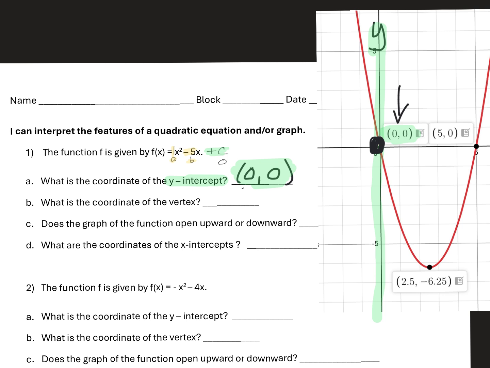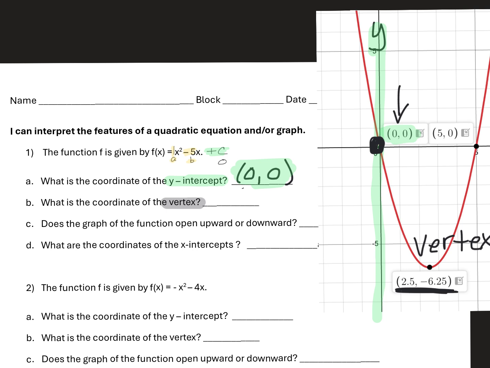We also need to figure out what is the coordinate of the vertex. And remember that the vertex is this corner piece here. So because I already have it typed into Desmos, I'm going to use this graph. And actually, that is the only way I can get this answer, is by typing it into Desmos.